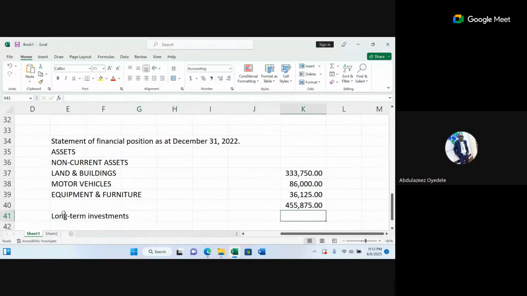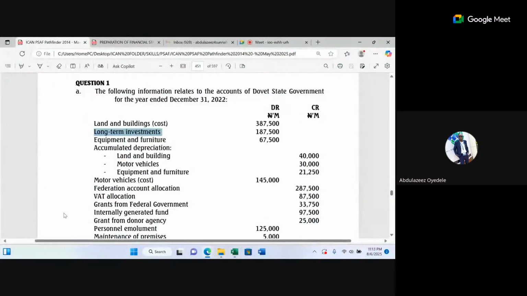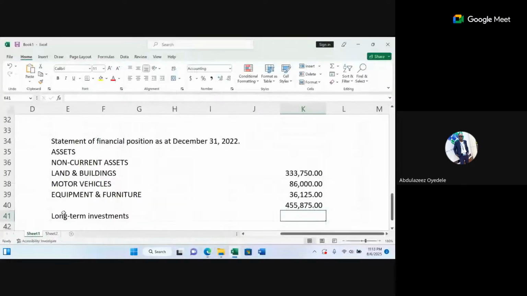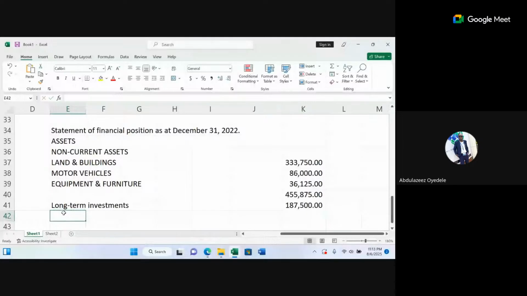That's how much? 187,500. Okay. So after we have that, we can now have the total of our non-current assets.